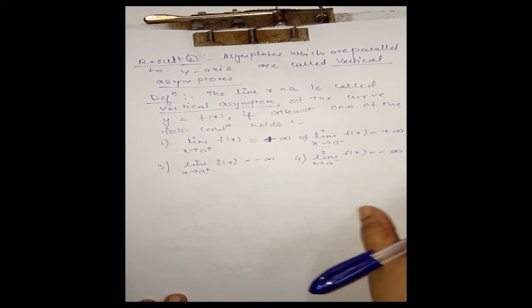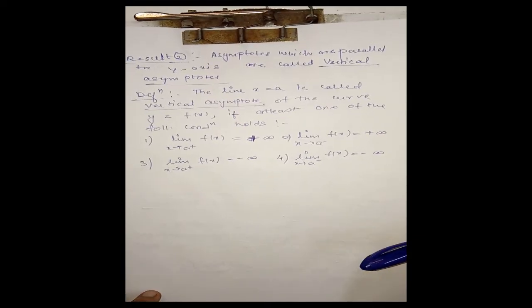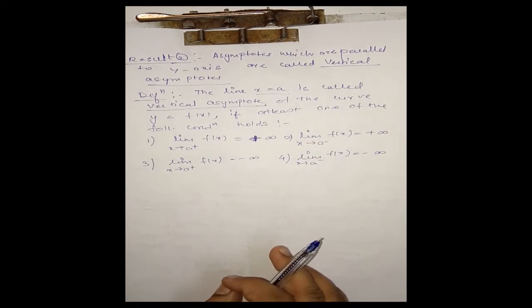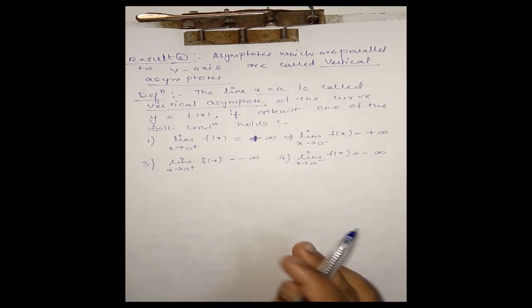Out of these four conditions, if any one of the conditions holds, then the line x is equal to a is called a vertical asymptote.